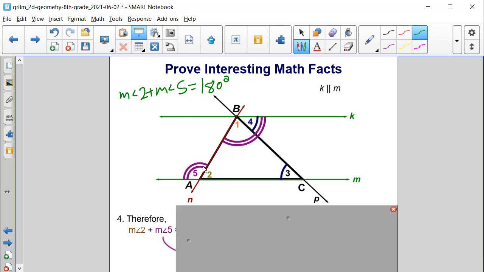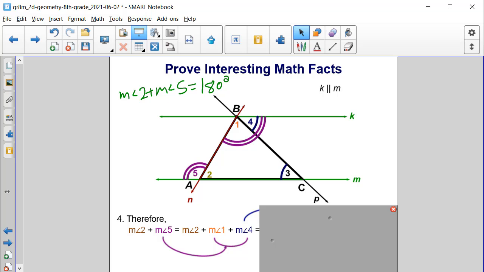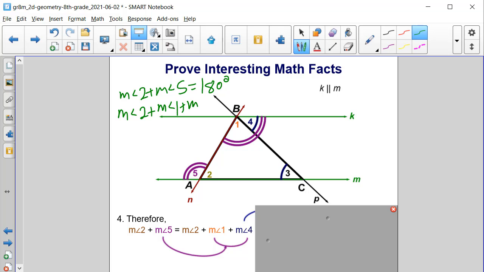And then, because we know that angle 5 is equal to the measures of 1 and 4 together, we can substitute angle 1 and 4 in for angle 5. So we still have the measure of angle 2 plus the measure of angle 1 plus the measure of angle 4 equals 180.